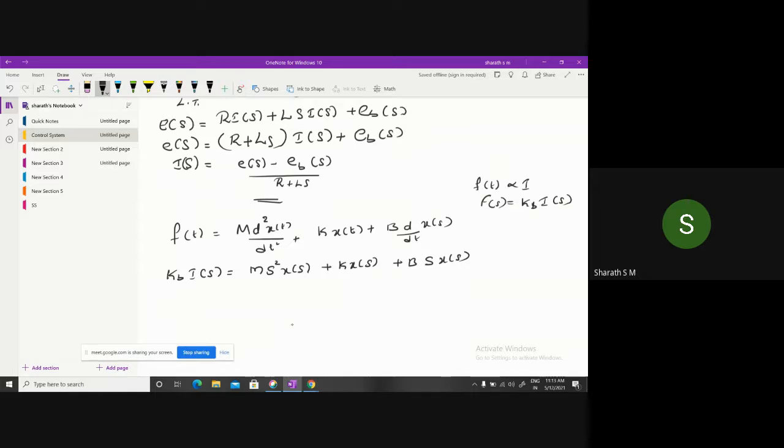Once we take x of s as a common factor, it remains m s square plus b s plus k, into x of s, equal to kb into I of s.